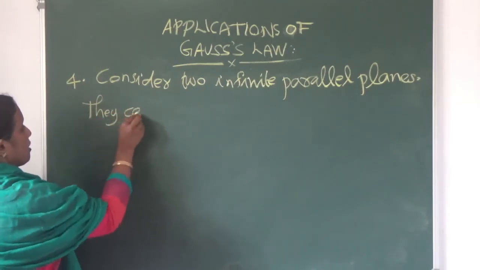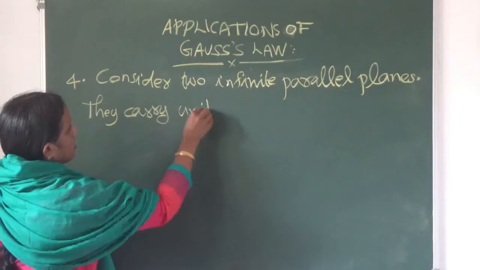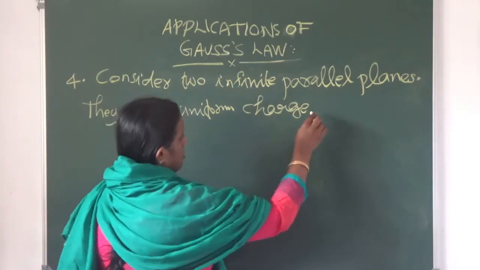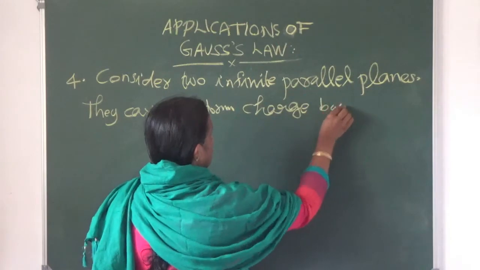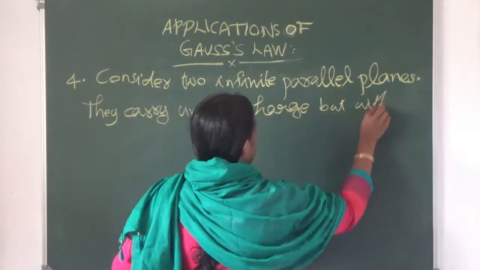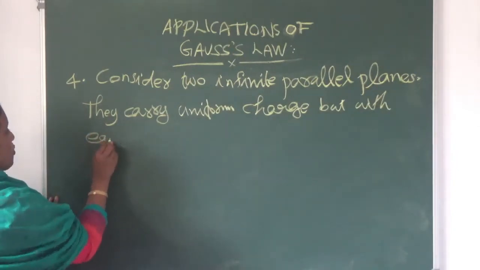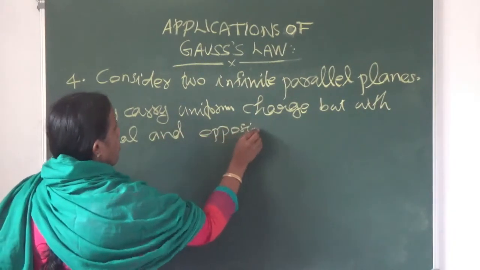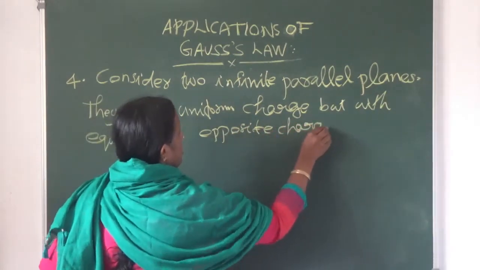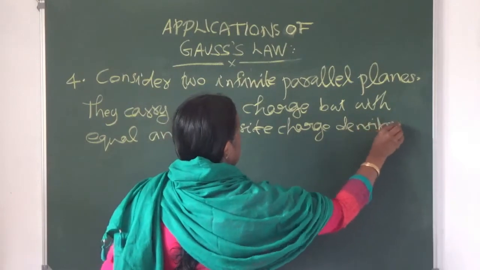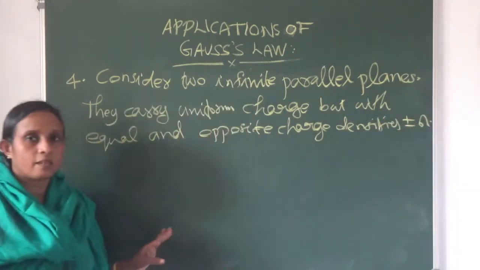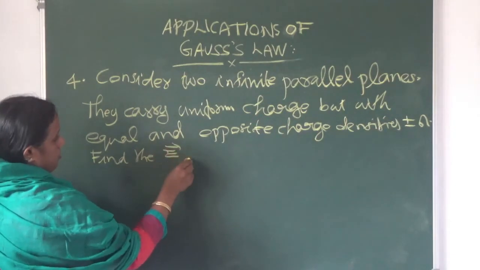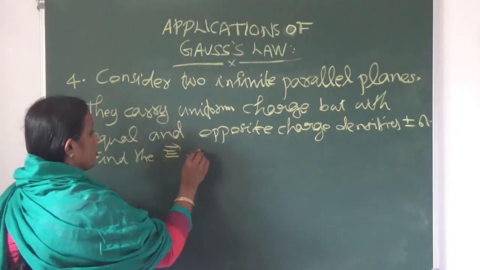They carry uniform charge density but with equal and opposite charge densities, plus or minus sigma. Okay, find the electric field. Case 1.